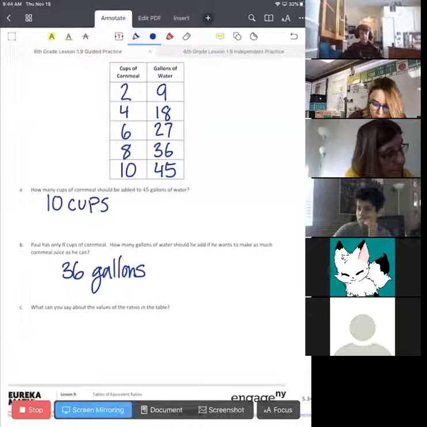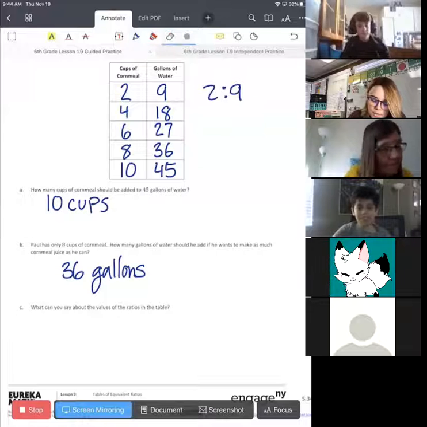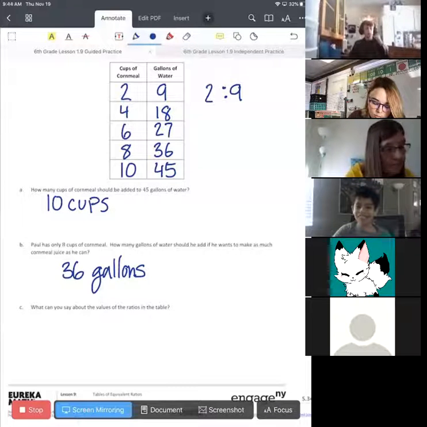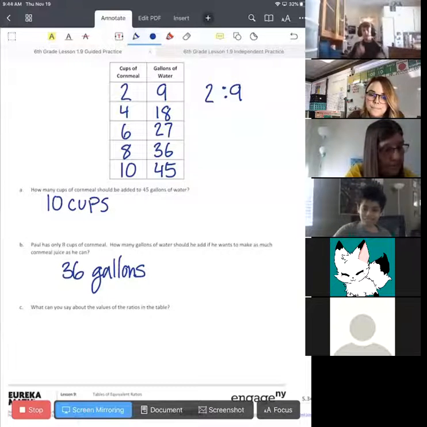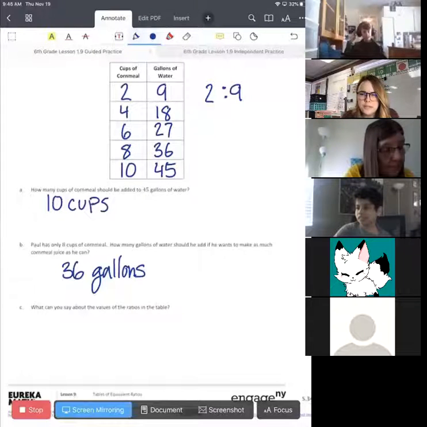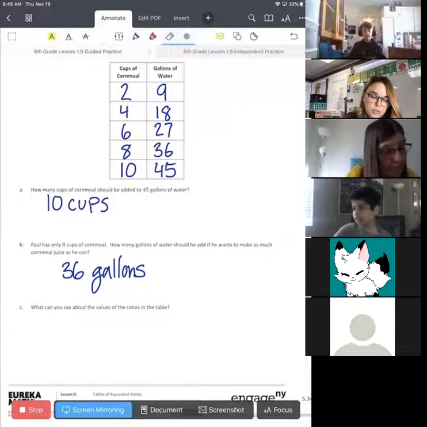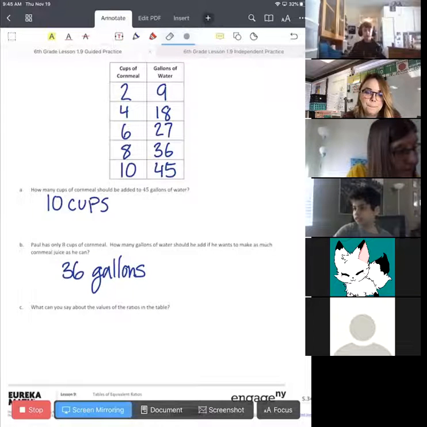Another thing that we can also say is that these are all equivalent ratios, right? If we write all of these out as a ratio, they are all equivalent to the ratio of 2 to 9. So that's something else that we can say, they're equivalent. We could say that there's a pattern. There's a lot of different things that we could say about these ratios. So you can choose what you want to say.